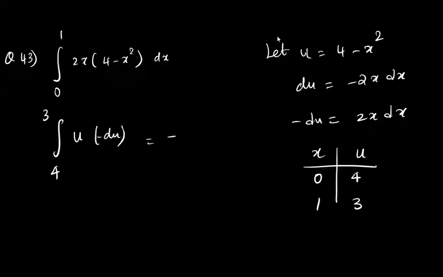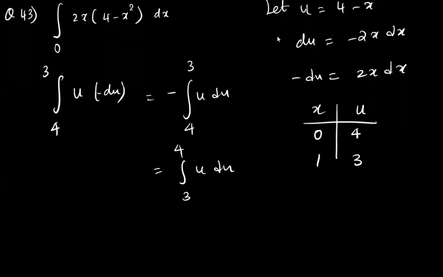Which can be written as negative u du 4 to 3, which is negative u squared over 2 4 to 3. Of course, I can do one small thing if it seems better to me. So what I'm going to do is, just to avoid this negative, I'm going to convert it as 3 to 4 u du. So the negative takes care of the limit change.